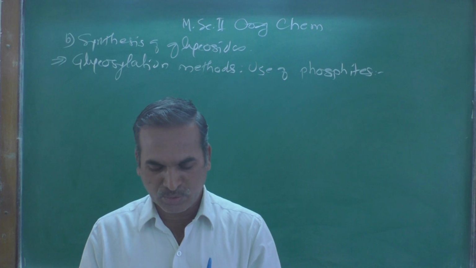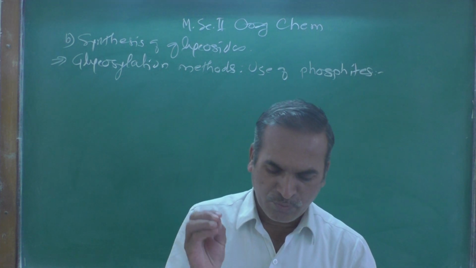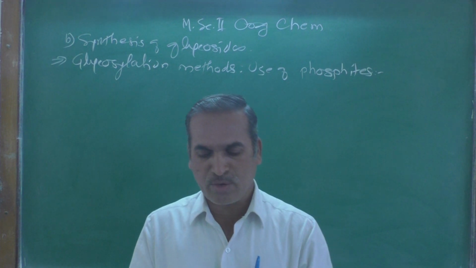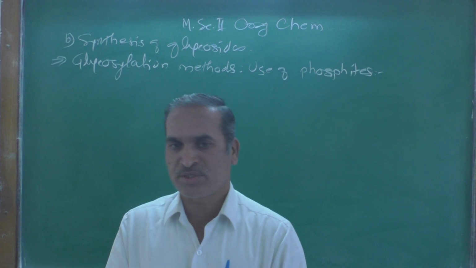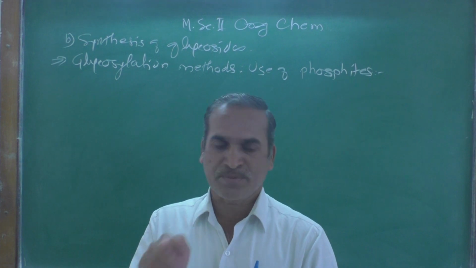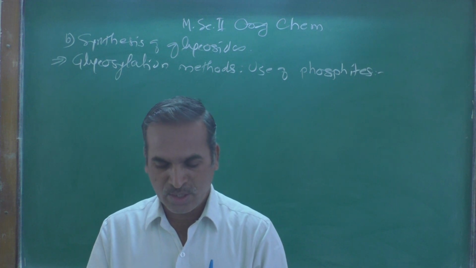Now step number 2, manipulation of the protecting group to free the desired hydroxyl group, and this is a very prominent step as far as the phosphate glycoside is concerned.